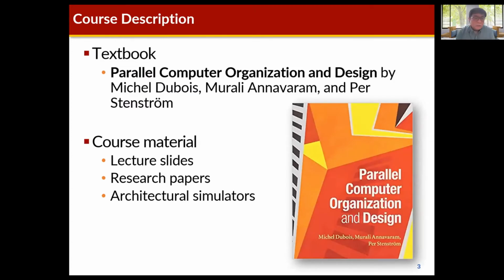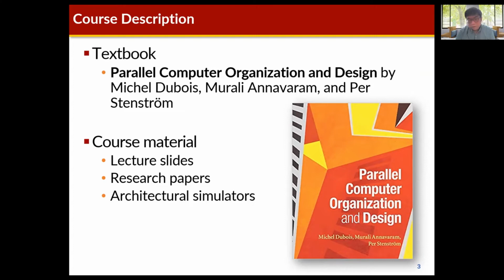Okay, textbook. I will use this textbook, Parallel Computer Organization and Design, written by Michel Dubois, Aurélien Navarro, and Paul Strandstrom. I believe you can purchase this book from any internet bookstore.